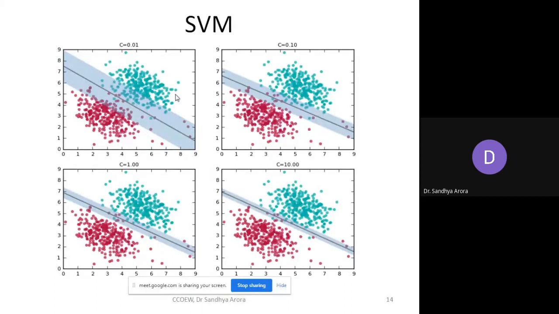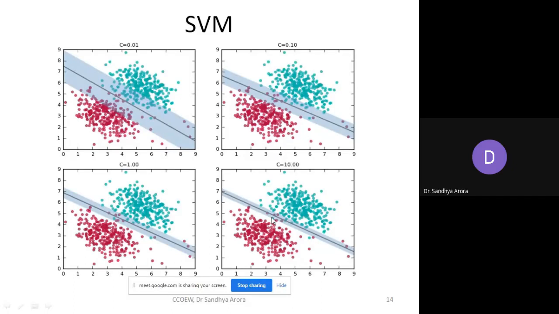If you change the C value from 0.01 to 0.10, your margin is less, so your classification is somewhat better, but your margin is less. If you take the C value as 1.0, you will see the margin is again less, very less in this case.